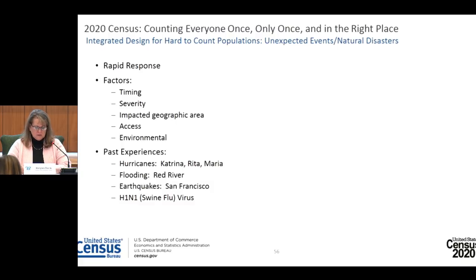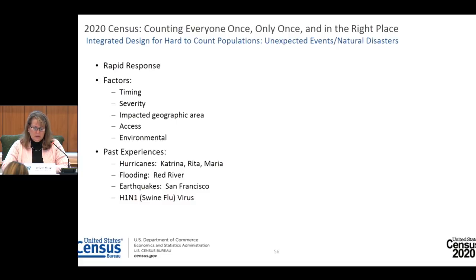In the last couple of slides, we'll talk about other considerations related to hard-to-count populations, considerations not depicted as a specific operation on our operational placemat. In a census, despite all our best efforts, unexpected events, including natural disasters, occur. When these unexpected events occur, geographic areas, populations, or both may become hard to count.